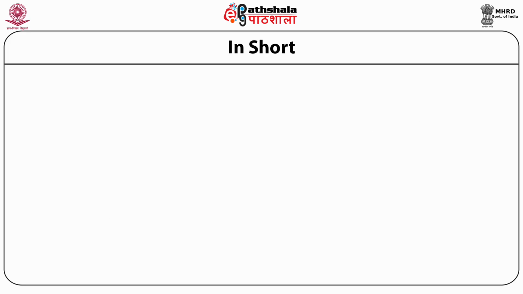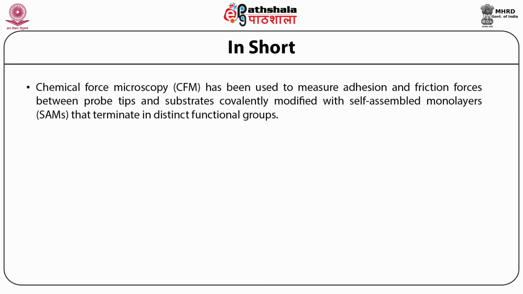Therefore, in short, chemical force microscopy has been used to measure adhesion and frictional forces between probe tips and substrates, covalently modified with self-assembled monolayers that terminate in distinct functional groups.